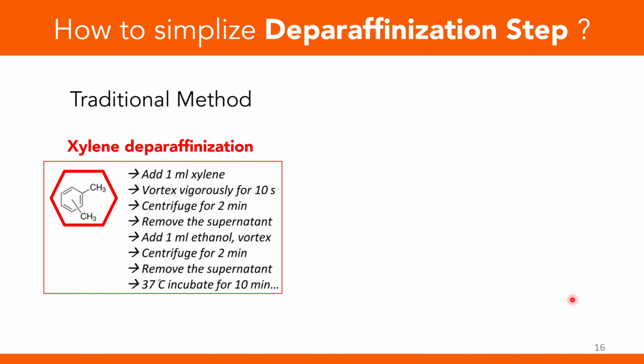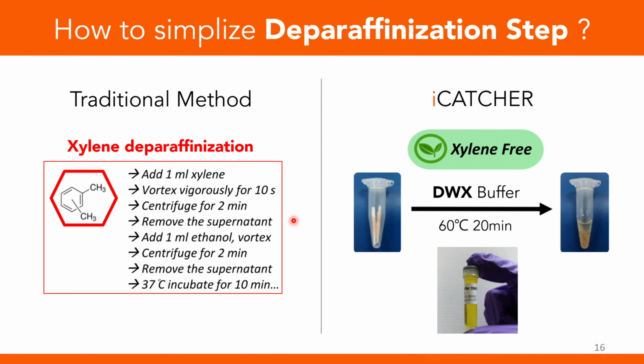About the first challenge, how to simplify the deparaffinization step. Traditionally, as we mentioned, we use xylene and it's very complicated. Right now, for iCatcher, we developed a special reagent. We call it DWX, a dewaxing buffer. It's yellow in color like this. So we can simplify the very complicated step into one step.